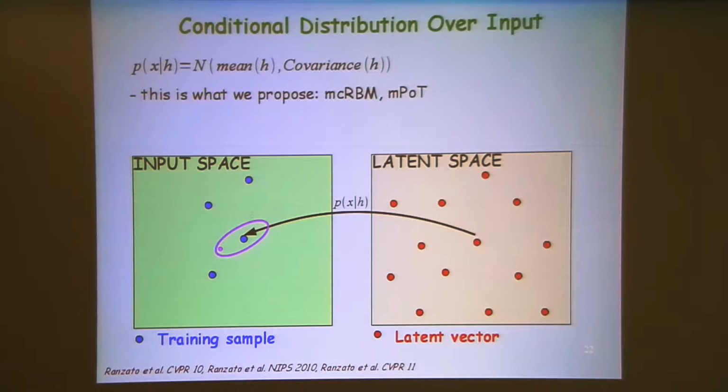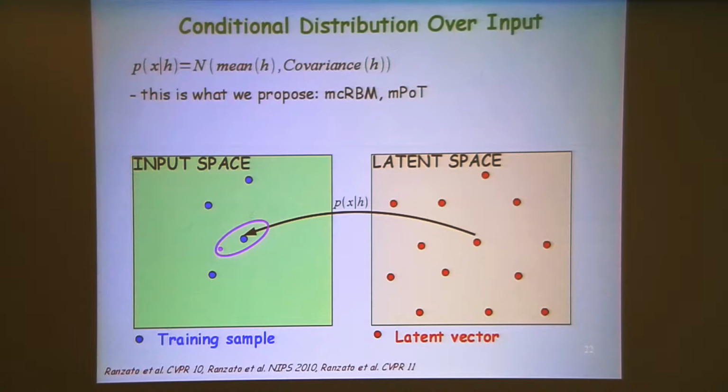I came up with two variations of these models. One is called mean covariance restricted Boltzmann machine, MCRBM, and the other is mean product of Student t, MPOT. They are basically the same, but differ in the choice of the distribution for the latent variables.